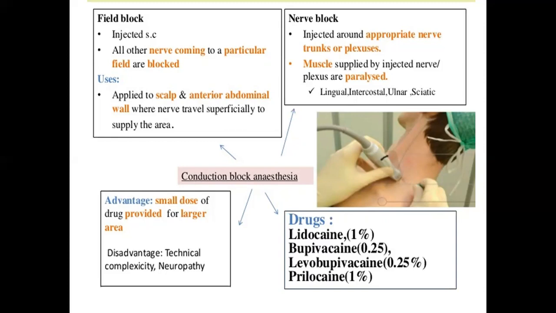It is a very crucial technical procedure of anesthesia, so the technical person must be very well trained; technical complexity is a big problem. The drugs used are mainly lidocaine 1%, bupivacaine 0.25%, levobupivacaine 0.25%, and prilocaine 1%.